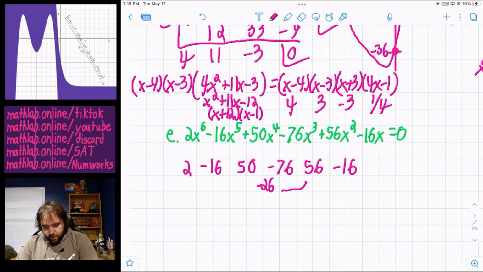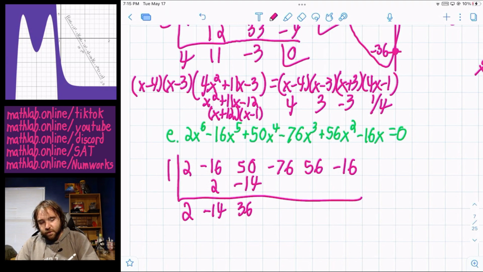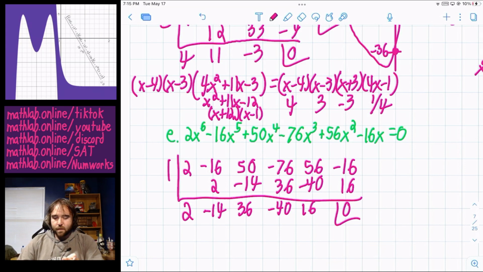So then this is 30. Yeah, 1 works. Cool. So let's run it. 2, negative 14, 36, negative 40, 16, 0.